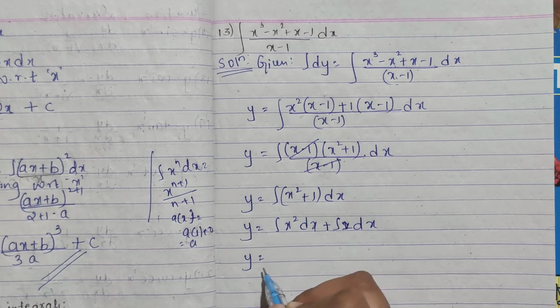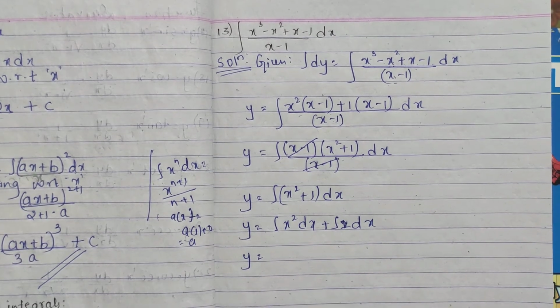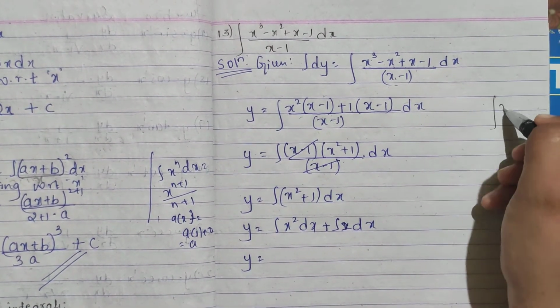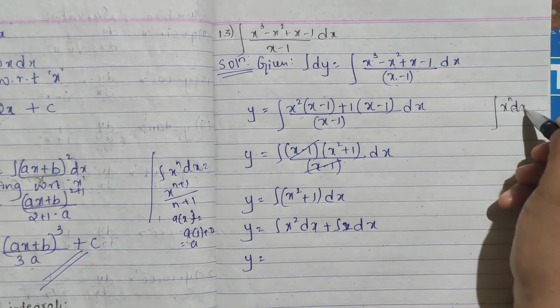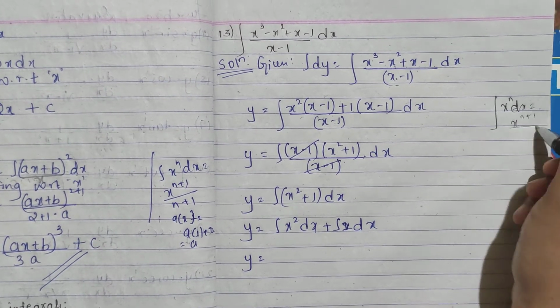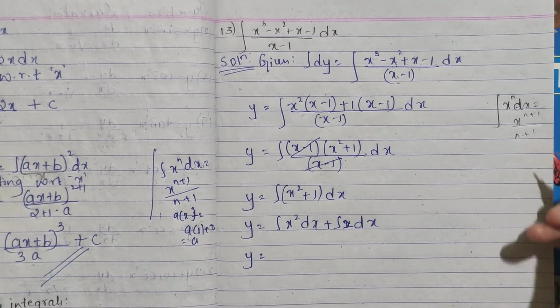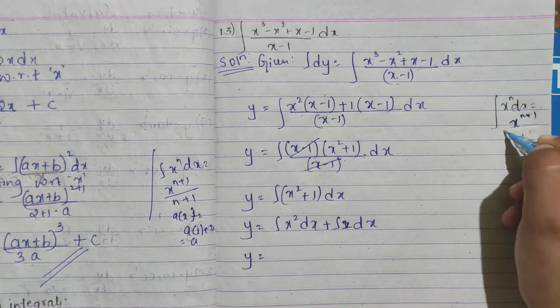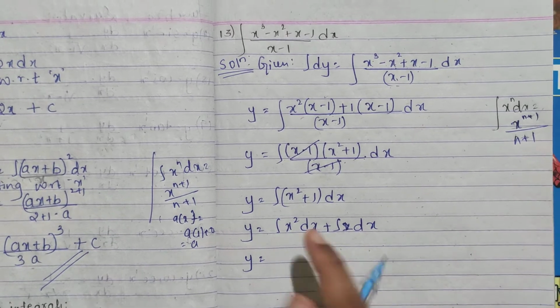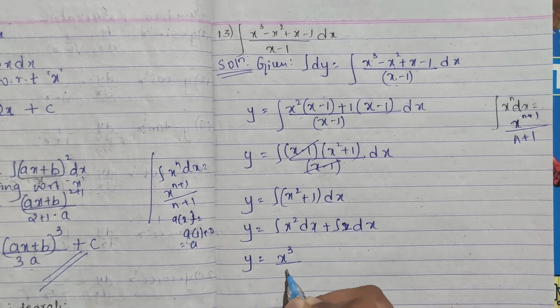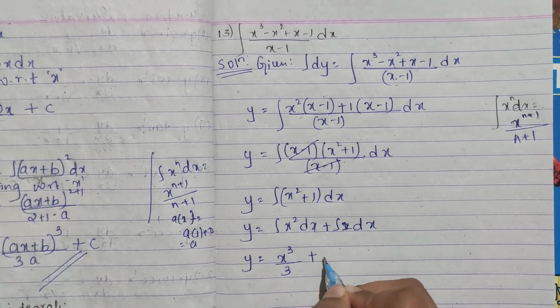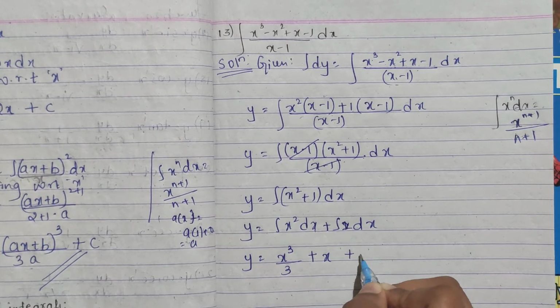So integration of x square, obvious, you know what you have to do: integration of x raised to n dx is x raised to n plus 1 whole divided by n plus 1, right? So same you are applying, it will be x cube by 3 plus integration of 1 with respect to x, plus c.